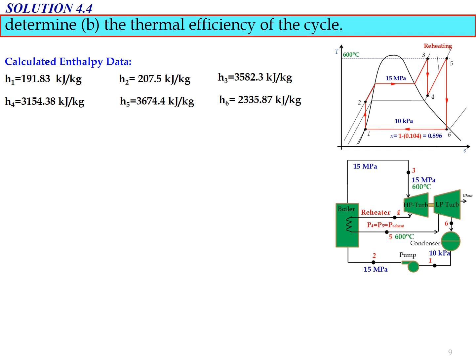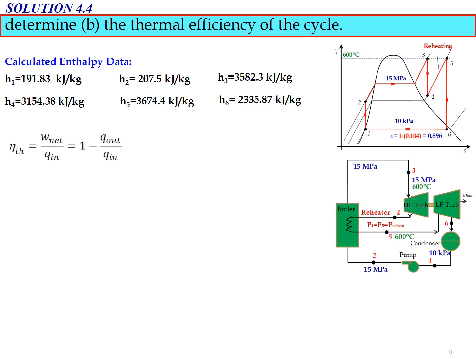The enthalpy data that we obtained previously: H1 equal to 191.83 kJ per kg, H2 207.5 kJ per kg, H3 equal to 3582.3 kJ per kg, H4 equal to 3154.38 kJ per kg, H5 equal to 3674.4 kJ per kg, and the last one H6 equal to 2335.87 kJ per kg.